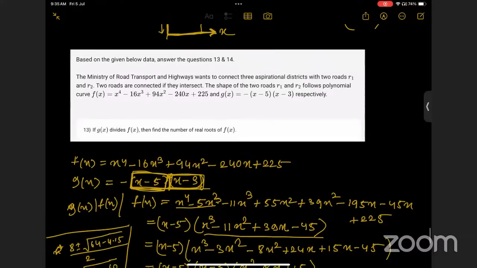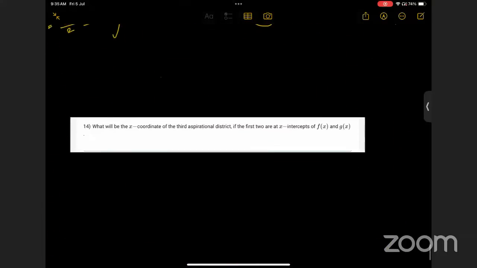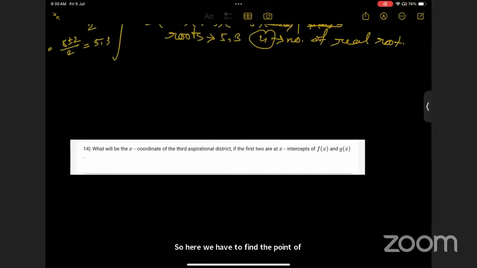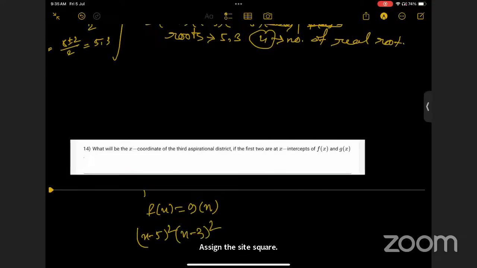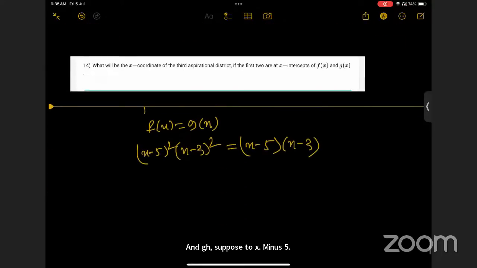So here we have to find the points of intersection, right? That means this equation: f(x) equals g(x). We already have f(x) equals x minus 5 squared times x minus 3 squared, and g(x) equals x minus 5 times x minus 3, right? We did a similar kind of question in the previous session also.